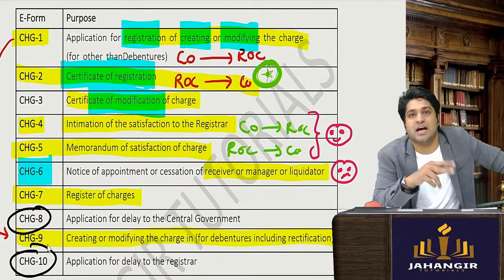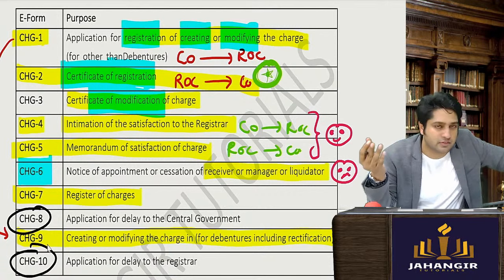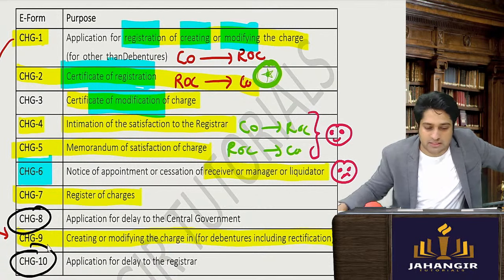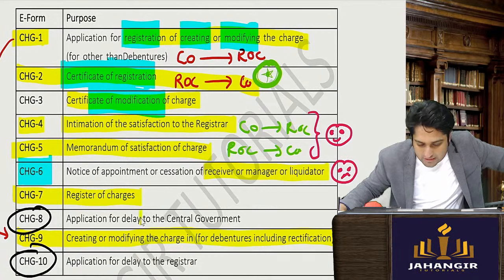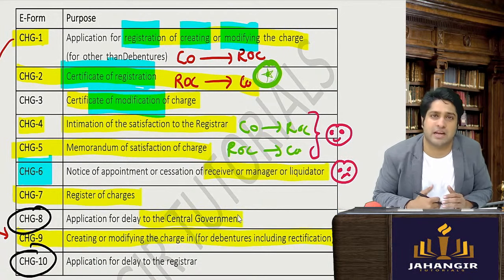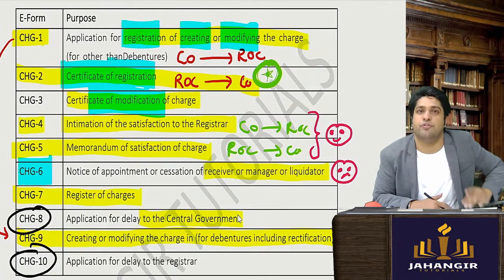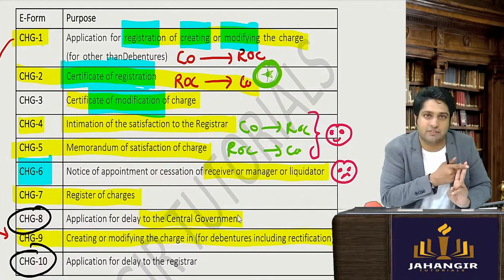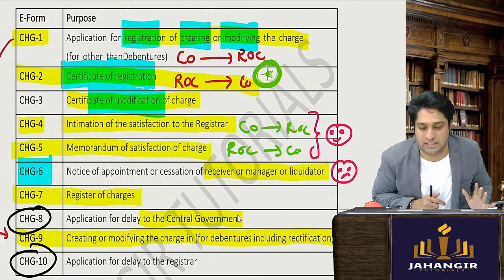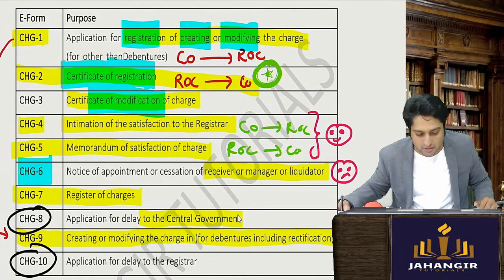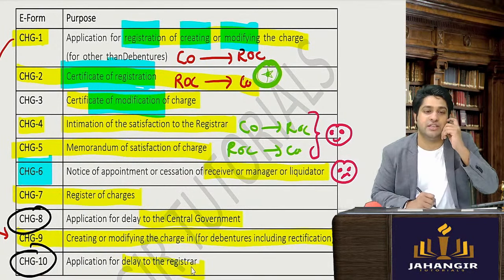Both these forms are intimation for delay, that sorry, we were delayed. This intimation is to the central government that there is a delay or some rectification is needed. The application by the company for delay or rectification to the central government is in CHG 8 and to the registrar is in CHG 10.